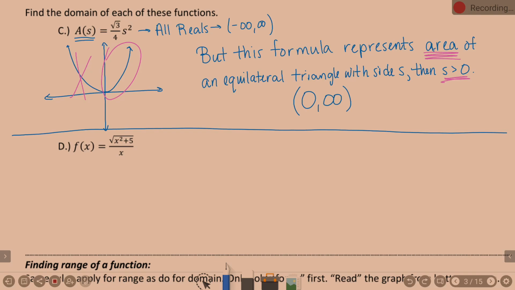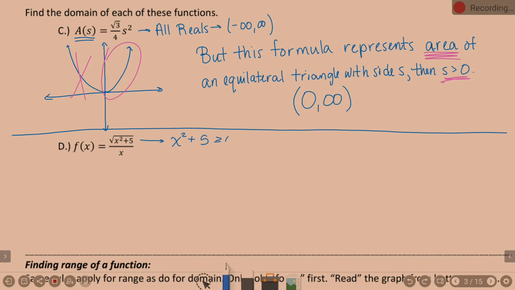Okay? Now, what kind of pieces of information do we need to think about here? The x squared on top and the square root. Okay, there's a square root on top, yes? So let's talk about the square root. Whatever's under a square root has to be what?